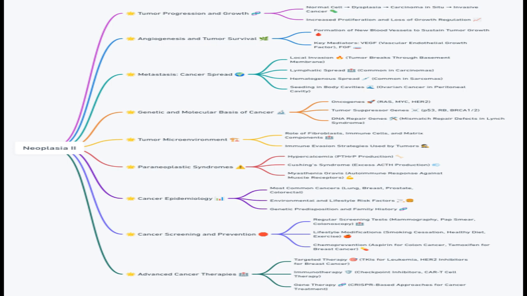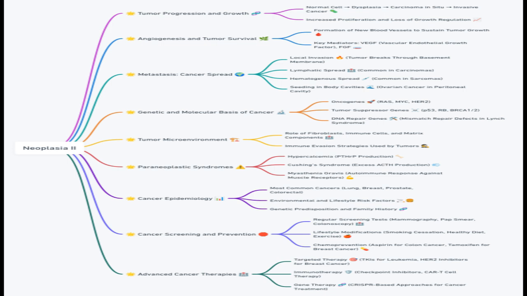The markers that we use are the estrogen receptor and progesterone receptor, the hormone receptors, where positive tumors have a better prognosis and respond to hormonal therapy. HER2 receptor, that's human epidermal growth factor receptor 2.